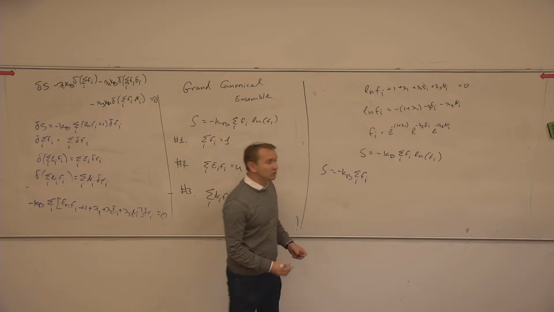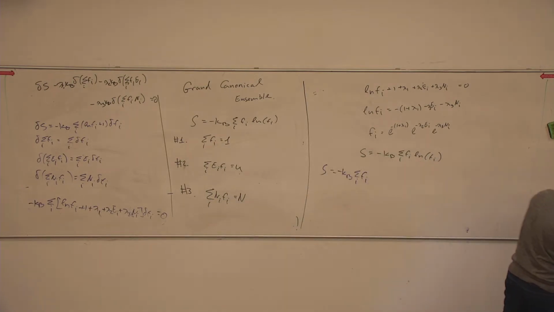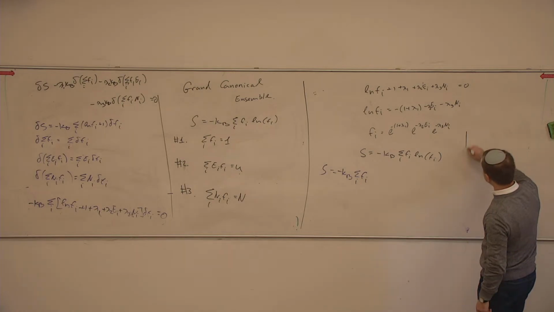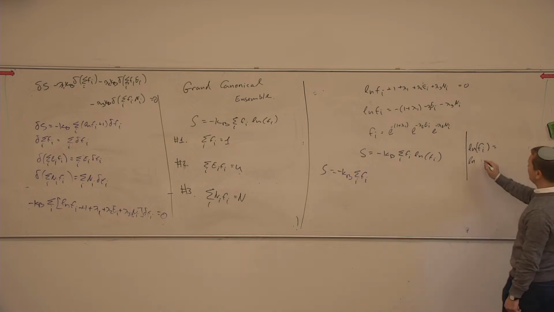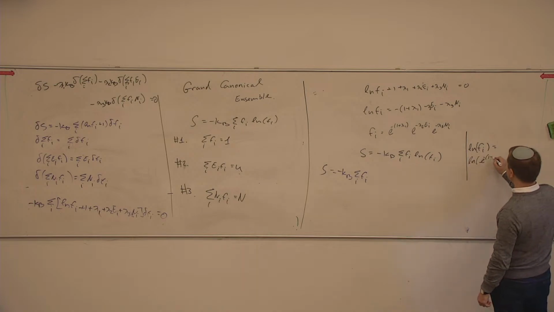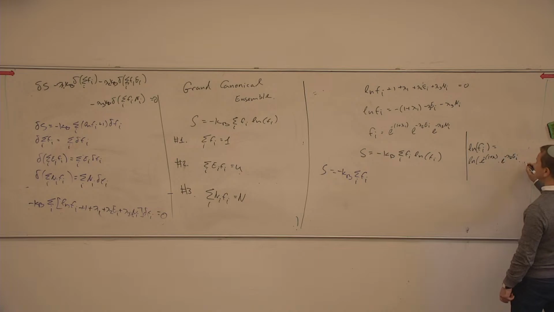Now I'm going to do it quickly. Here what I'm going to have is as follows. Log of Fi equals log of e to the power minus 1 plus lambda 1 multiplied by e to the power minus lambda 2 EI multiplied by e to the power minus lambda 3 NI, which is just 3 logs.